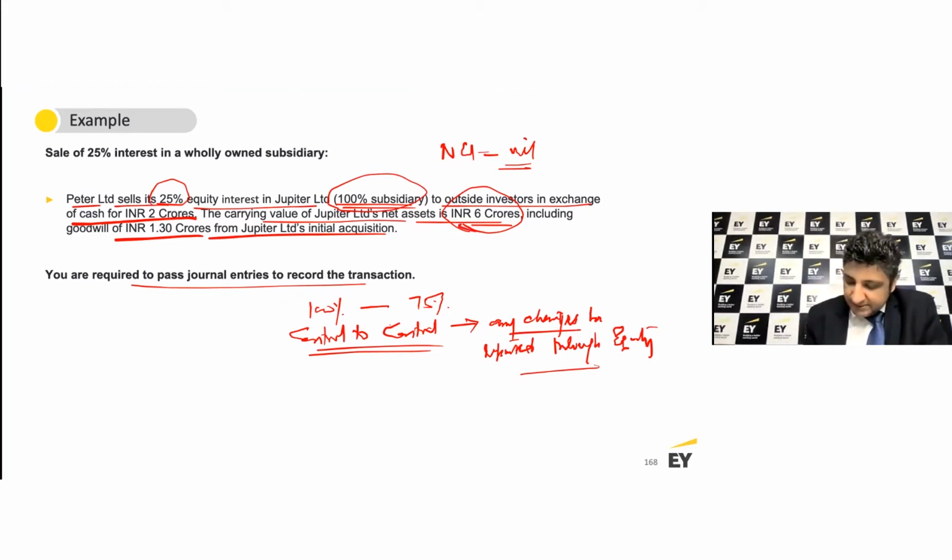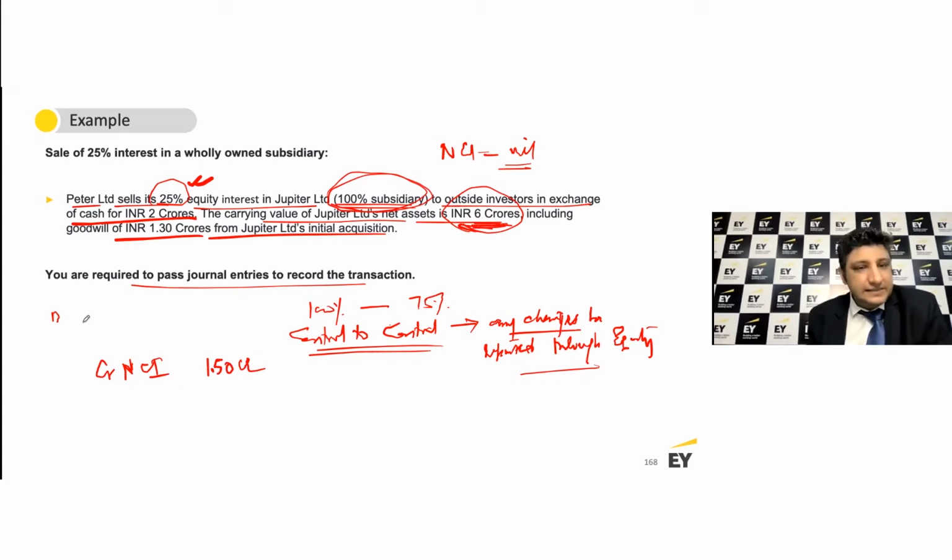So what is the change that we are trying to bring? There is an NCI which arises because earlier you had a 100% stake in the business. Now you will only have 75%, which means 25% becomes NCI. If the worth of the business is 6 crore rupees as per the books, 25% of that would become the NCI.